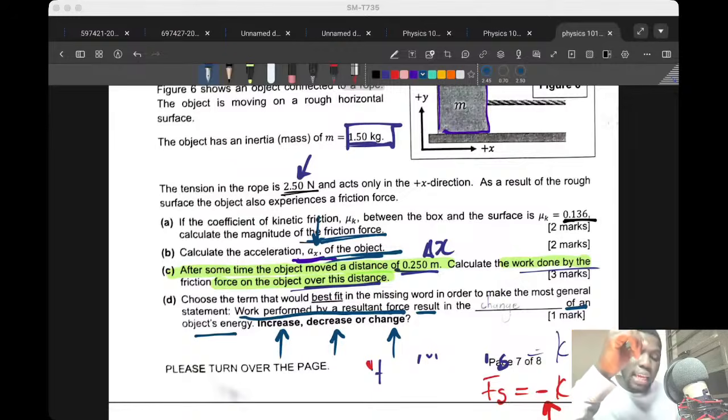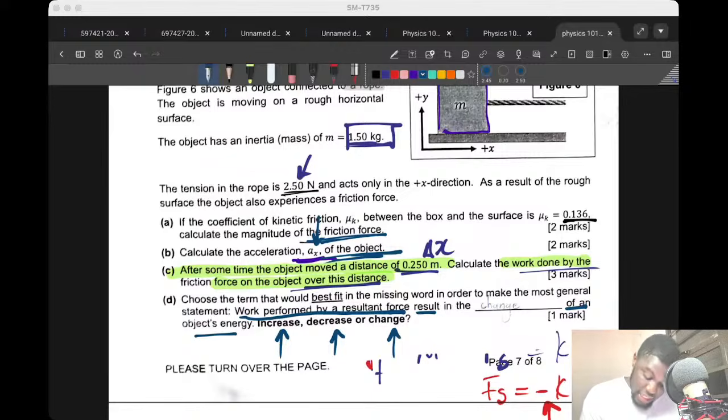What does it cause a change in? Does it cause a change in your energy? Does it cause a decrease in your energy, or an increase? If we say increase, it means all the time it will be an increase. Will work always be an increase?